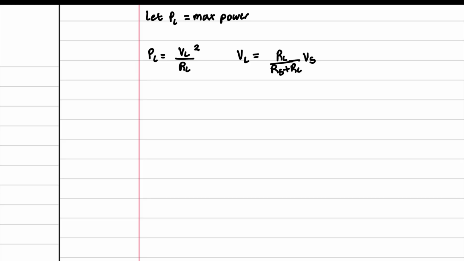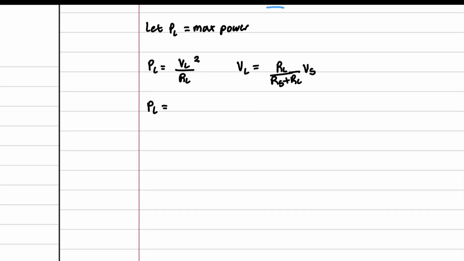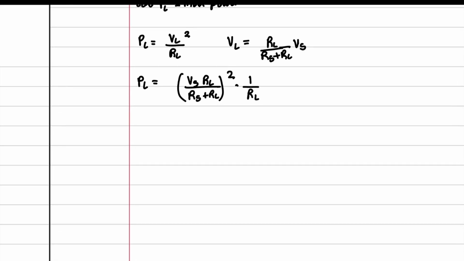Now we're going to plug that in. PL equals VS RL over RS plus RL, all of that squared, times 1 over RL. Okay? And simplifying this further, we're going to get VS squared RL squared over RS plus RL squared times RL.